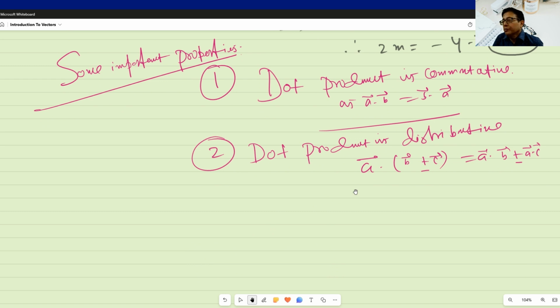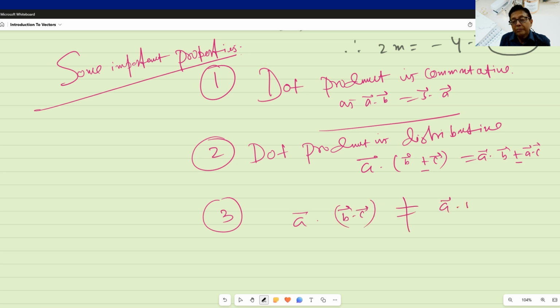Associative property is not true. Because A dot (B dot C) in general is not true. You cannot define it, because B dot C is a scalar number. With a scalar, how do you take a dot product? To a vector you can multiply. Ordinarily this constant, suppose you are getting m into a vector, here some constant n into c vector.